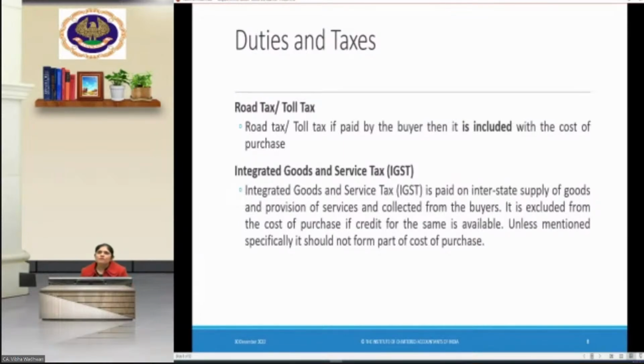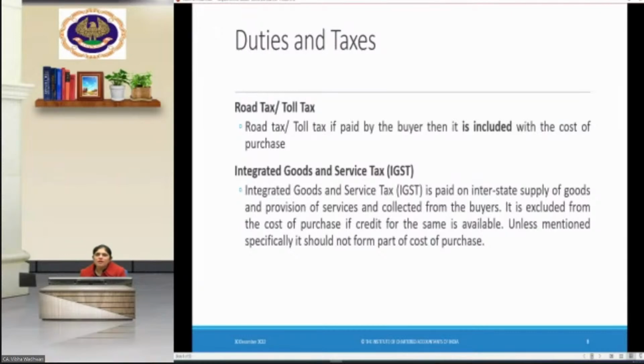So the input GST which we have paid on purchases is set off against the GST we have collected from the sale. That we call credit. Credit means any GST paid on purchases is set off when we sell the goods and collect the GST from the buyer.